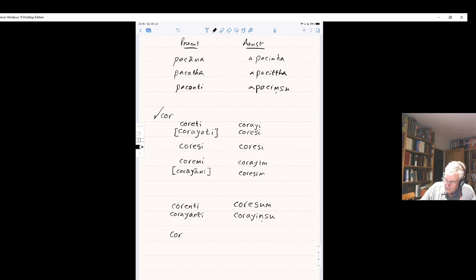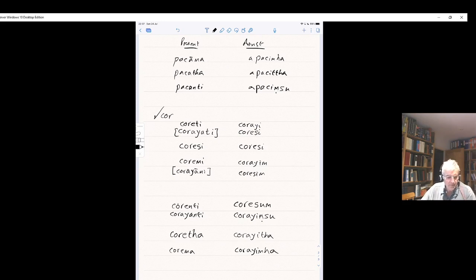You steal, present tense, second plural, choreta. And in the past, chorayita. Again, this characteristic E and the E before the second plural ending, chorayita. And we steal, chorema. We stole, chorayimha. So on this page, there's not too much to learn.